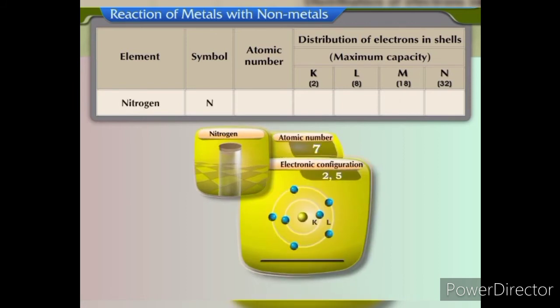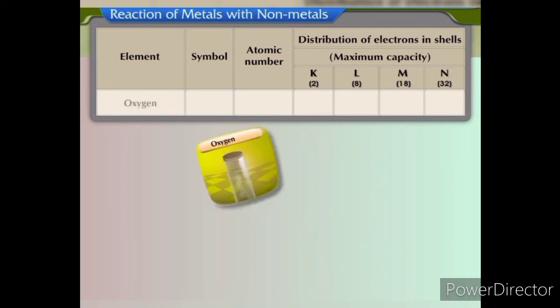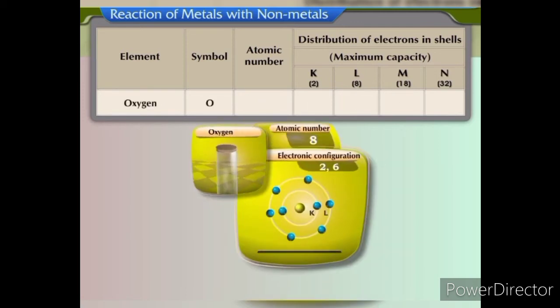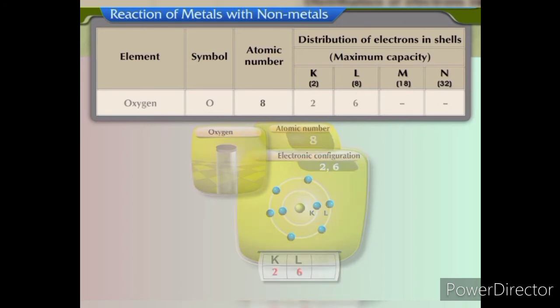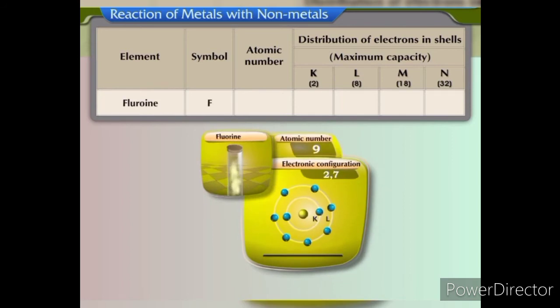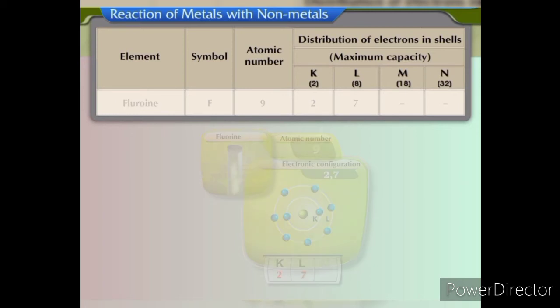Nitrogen, symbol N, atomic number 7. There are 2 electrons in the K shell and 5 in the L shell. Oxygen, symbol O, atomic number 8: 2 electrons in the K shell and 6 in the L shell. Fluorine, F, atomic number 9: 2 electrons in the K shell and 7 in the L shell.